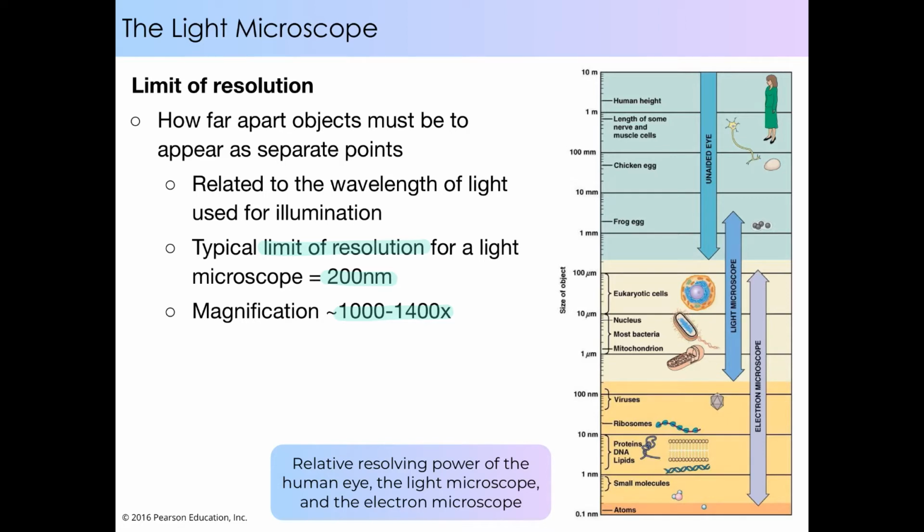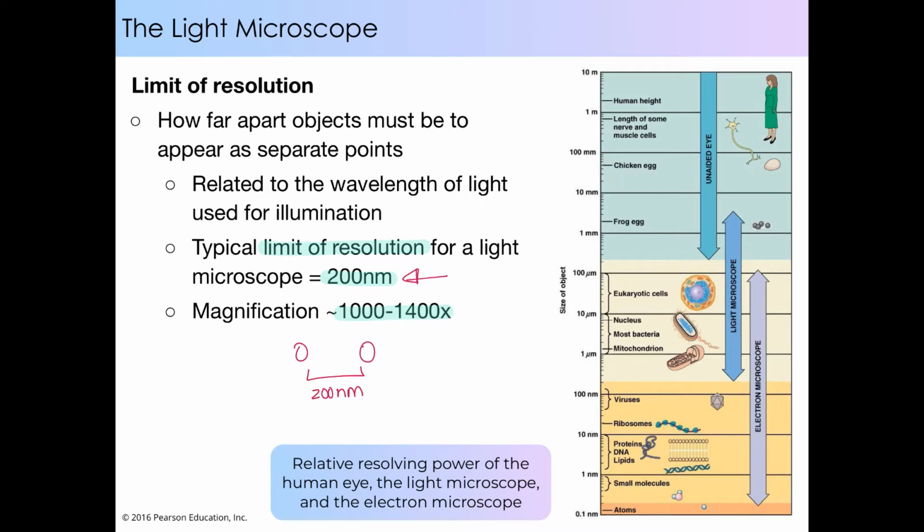Now, the limit of resolution refers to how far apart two objects need to be in order to be seen as two separate points rather than as a single point. So a limit of resolution of 200 nanometers means that there must be a distance of at least 200 nanometers between the two objects to be seen as two separate points.